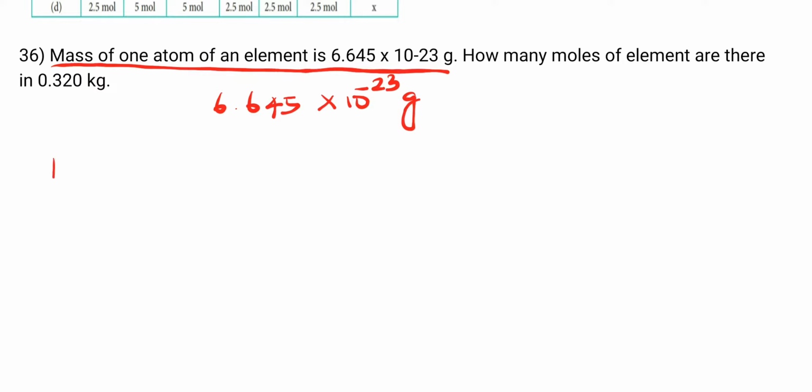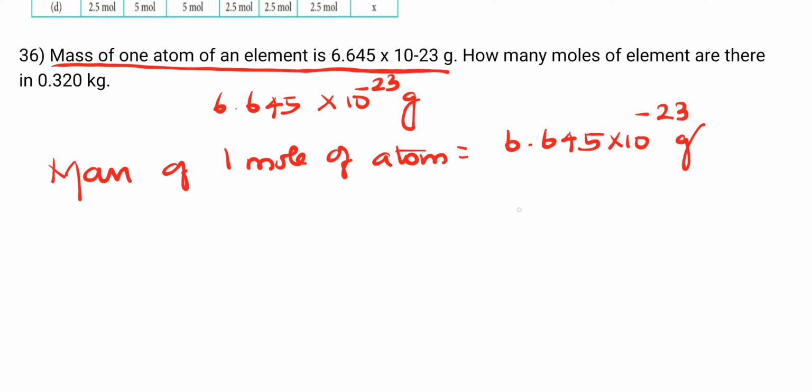So the mass of 1 mole of an atom is equal to 6.645 into 10 to the power of minus 23 gram, into Avogadro number.